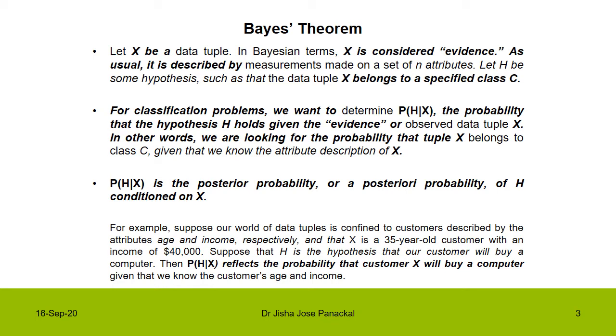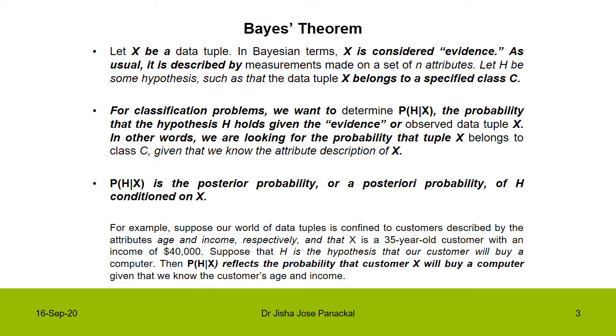For classification problems, we want to determine P of H conditioned on X. This is known as the posterior probability, or posteriori probability, of H conditioned on X. So be familiar with this.